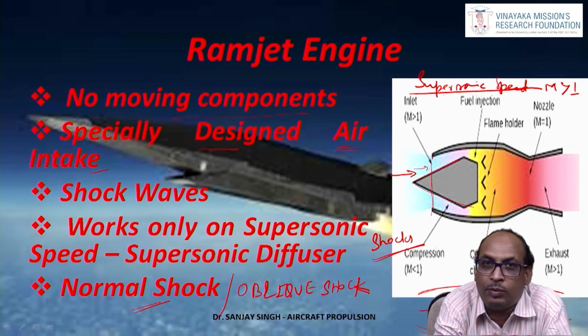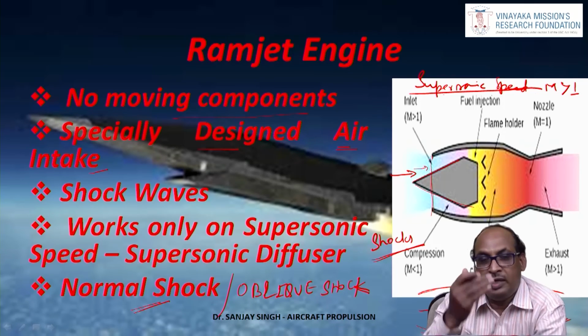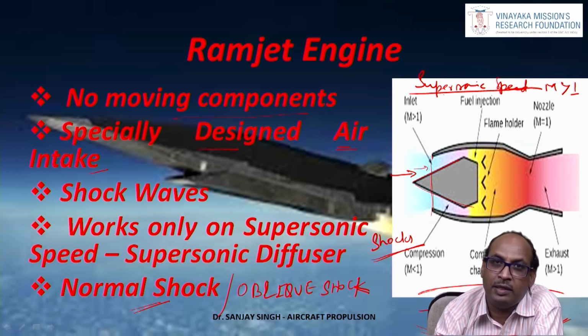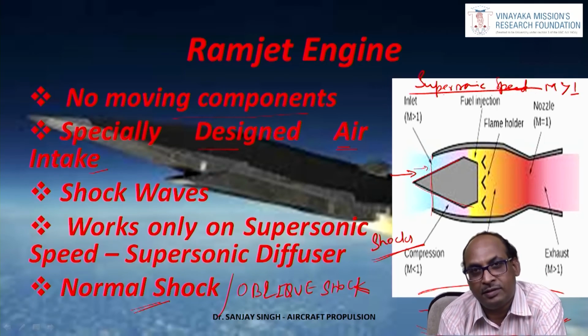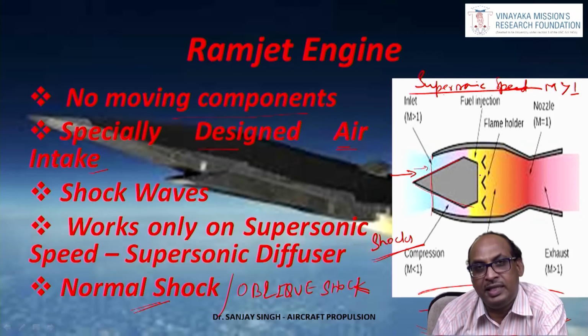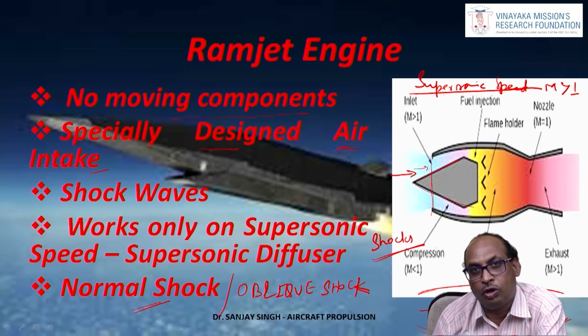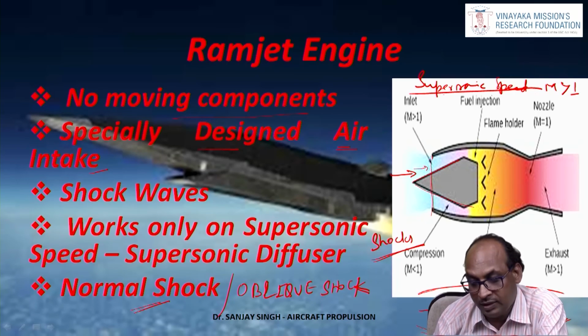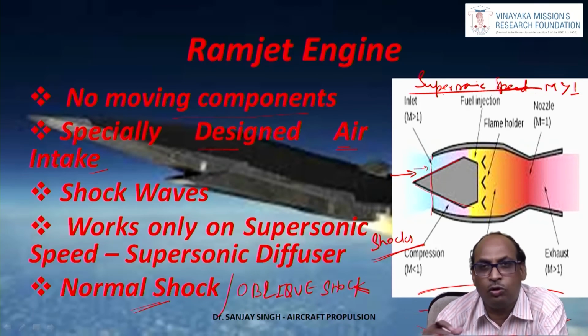Whenever a normal shock is formed, after it the supersonic speed is reduced to subsonic speed. Thereby, a high amount of pressure is generated inside the air intake. If a high amount of pressure is generated simply by the normal shock, then there is no need for any type of compression. That's why there is no moving component. If there is no need for a compressor, even a turbine is not required.